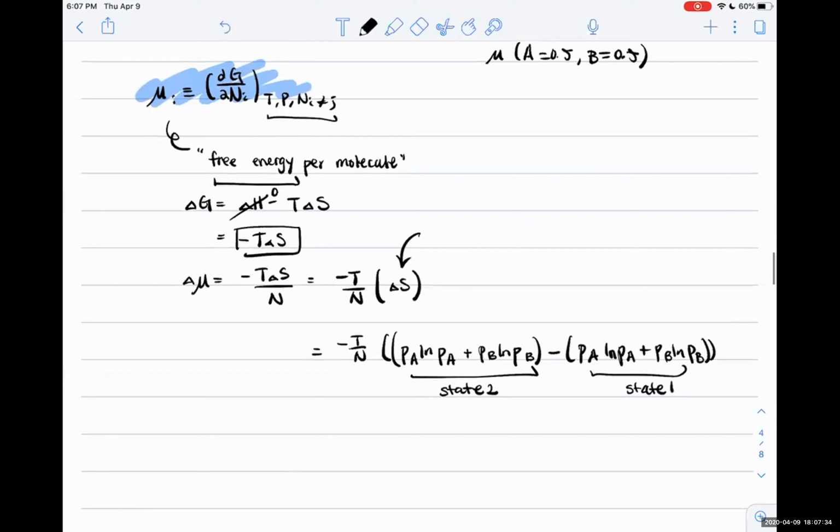So now if you do the calculation, you should be able to get the number.